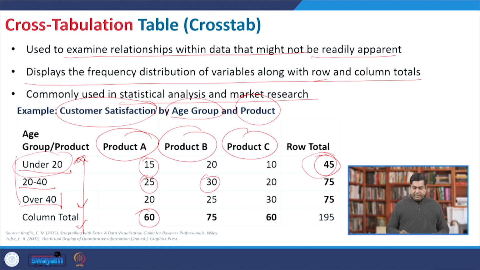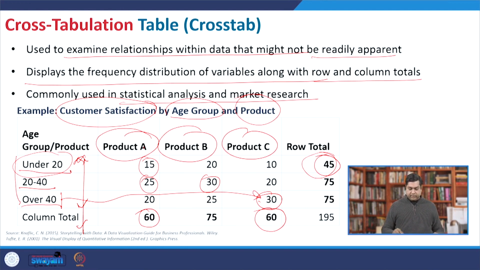If you take this 60, it represents that for product C the total number of satisfied customers is 60, but if we want to understand who among those 60 are most satisfied by age group, it is clearly identifiable that those over 40 years are satisfied with product C. Compared to that, for the age group 20 to 40 this value changes.